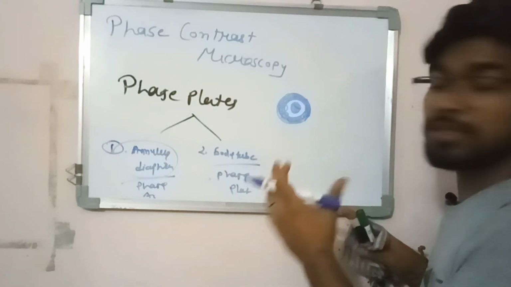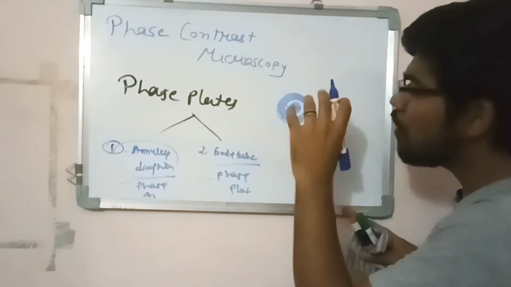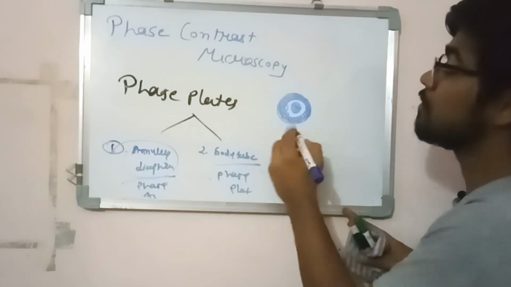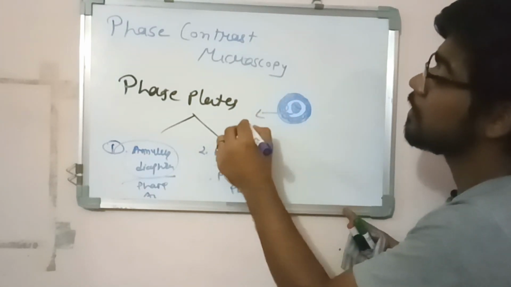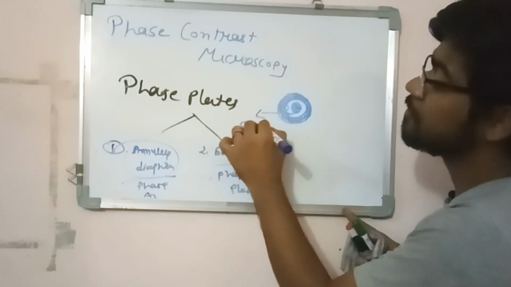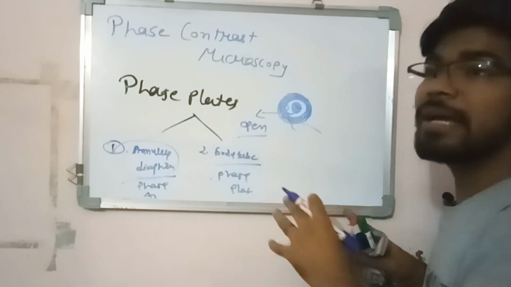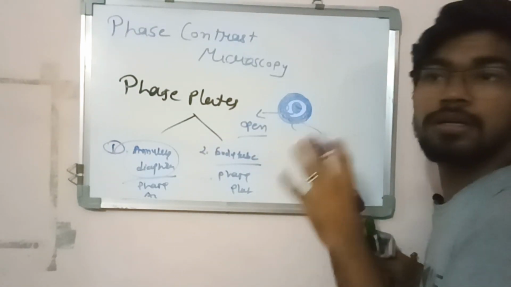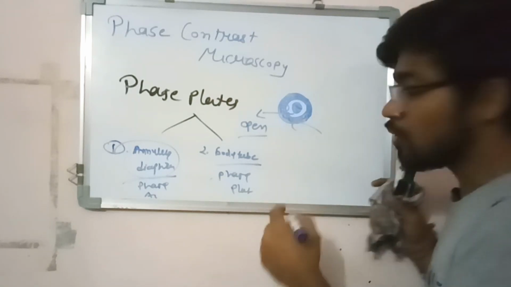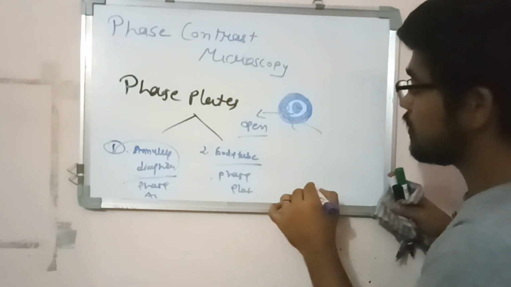So the light source first comes, and a very small cone of light will pass through the open area, and this is the opaque area. The opaque area blocks the unwanted light. So a simple cone of light passes like this from the light source.